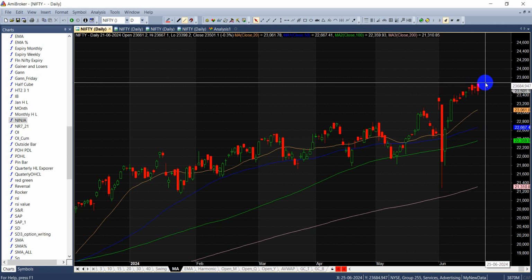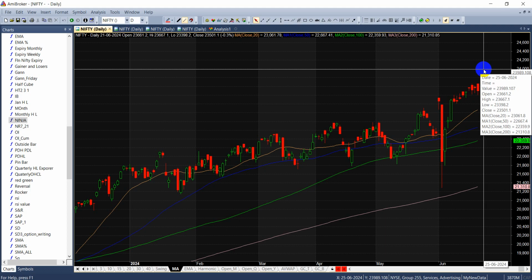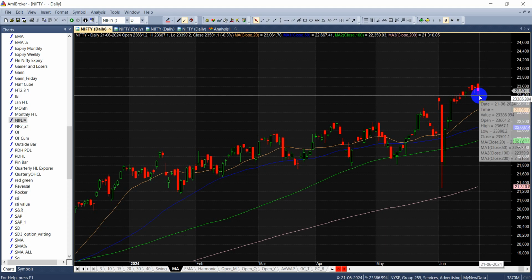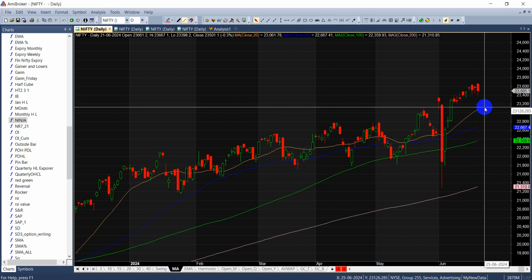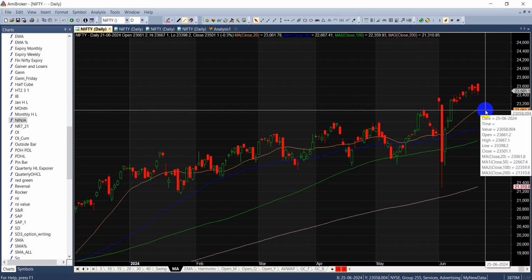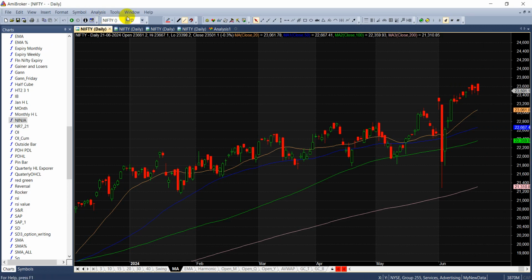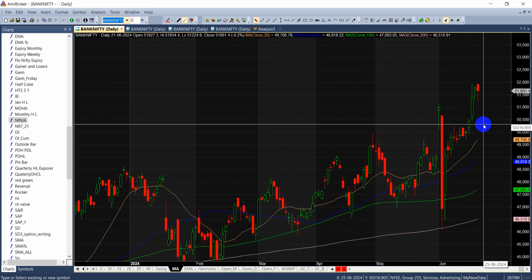If it breaks this particular high, which is around 22,700, then we can see a good rally till 24,000 in a single day. And if the low, which is around 23,400, gets broken, then we can see a good fall towards 23,100 to 23,050 for Nifty because of this trend change moment. Similarly, if I go to Bank Nifty, again the same thing.